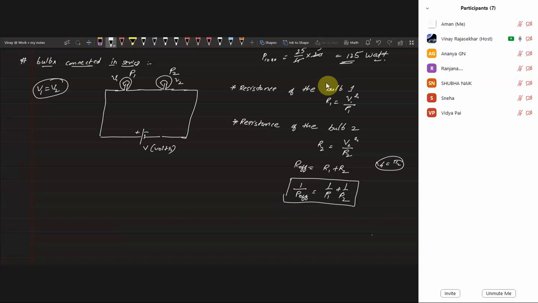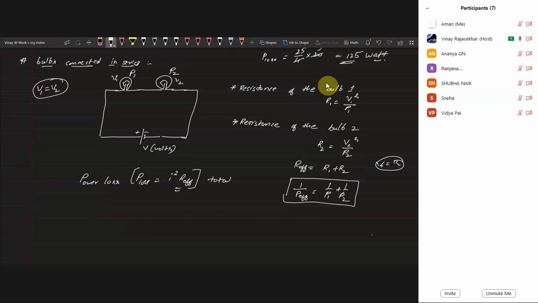Are you clear? Now, if you want to calculate the power loss, then power loss can be taken as I square into R effective. So this is the total power loss.